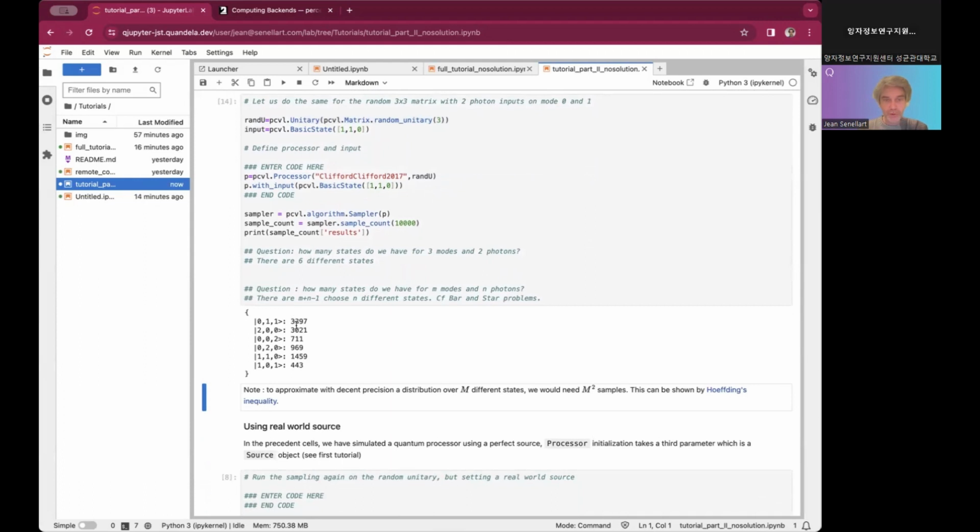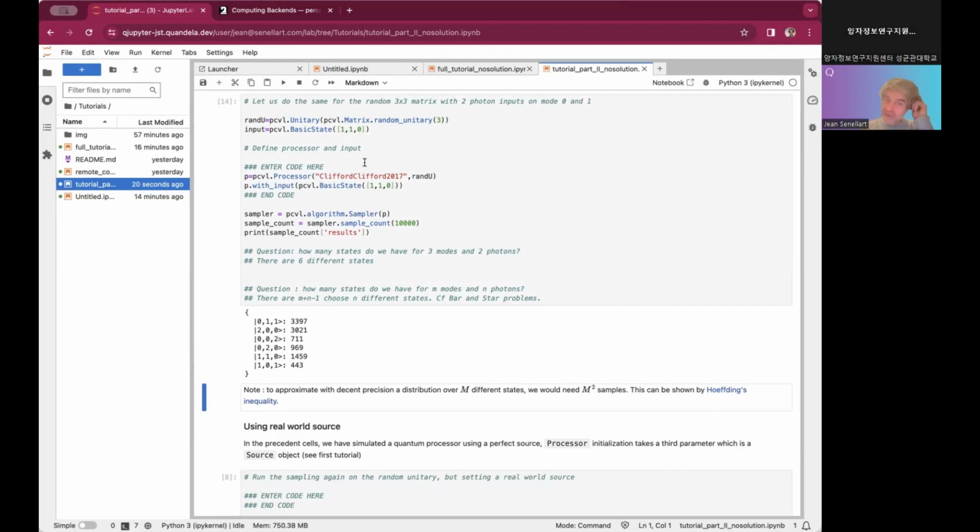So I have 2 photons, 3 modes. How many states do I have? They are listed here. My 2 photons can be in different possibilities: 1, 2, 3, and then they can bunch, what you are calling bunching, coming together. There are 3 modes, so there are 6 possible output states.